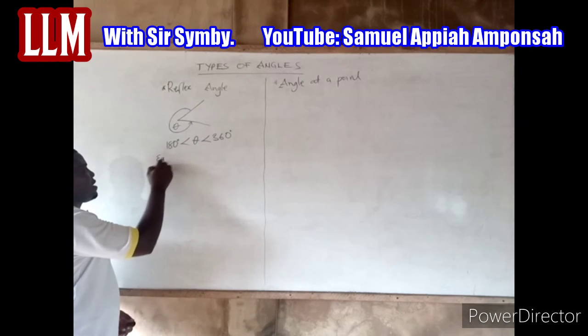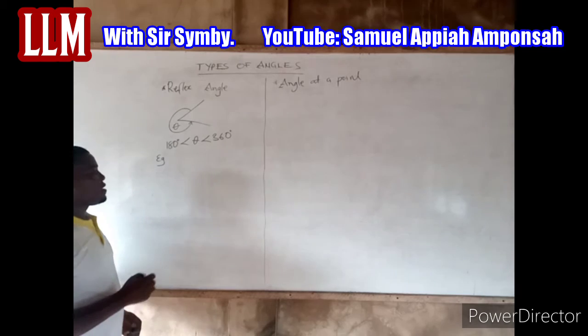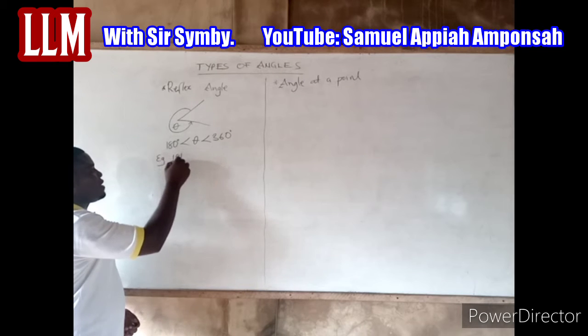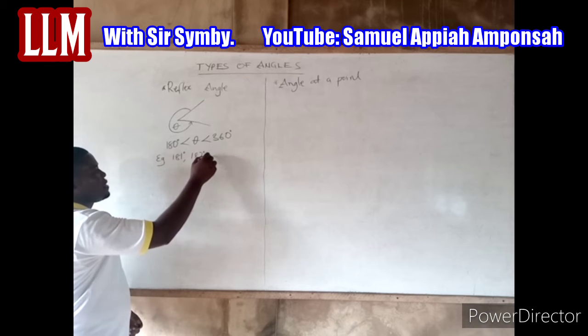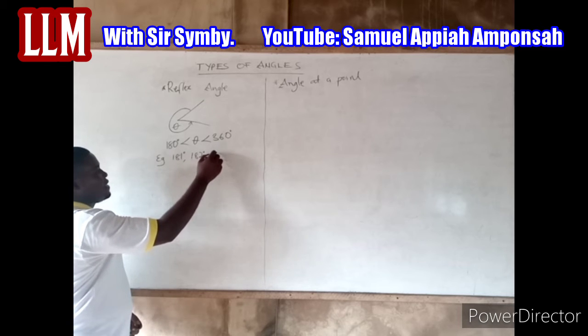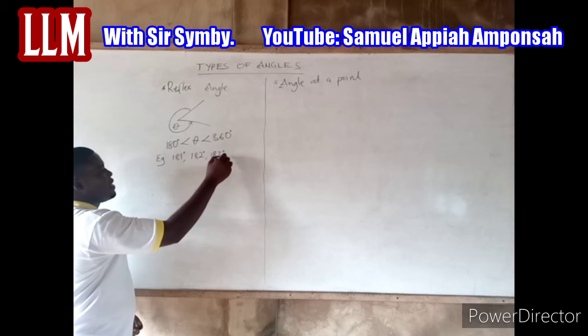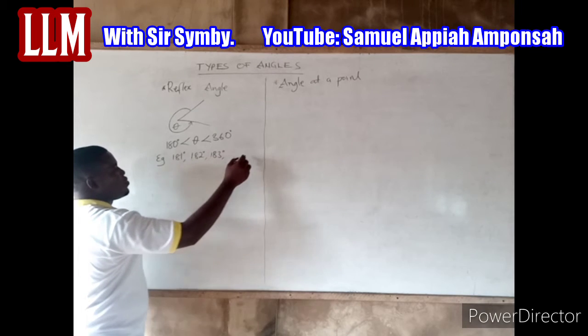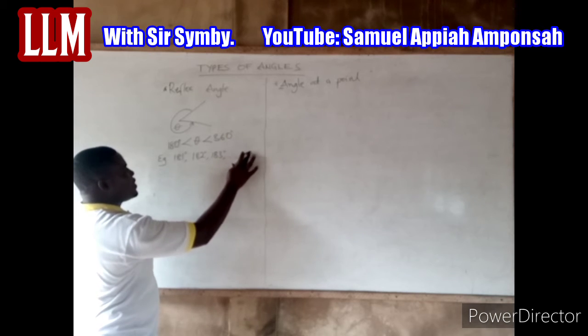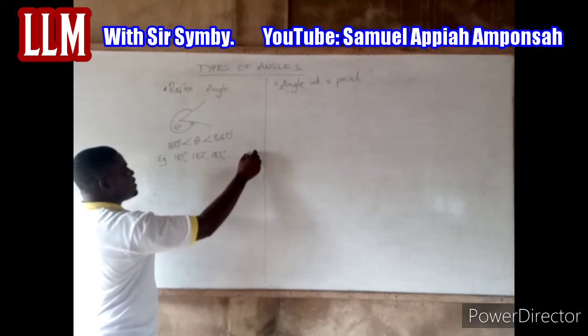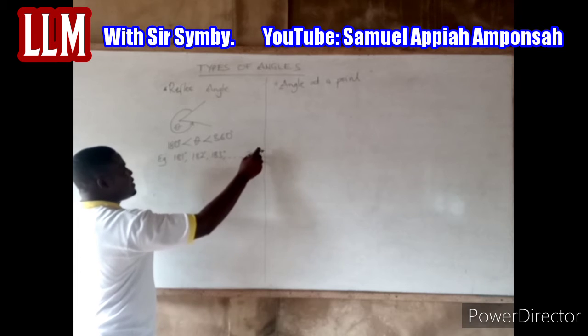So we can mention examples of reflex angles as 181 degrees, 182 degrees, 183 degrees, up to 359 degrees.